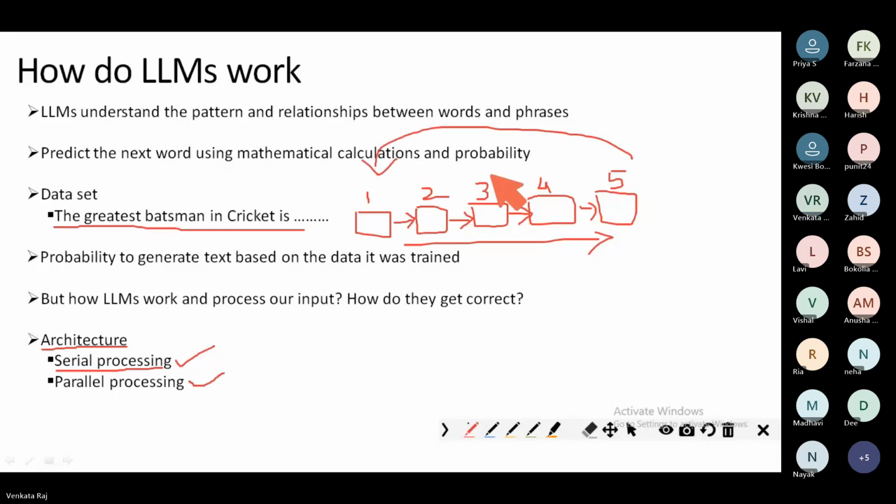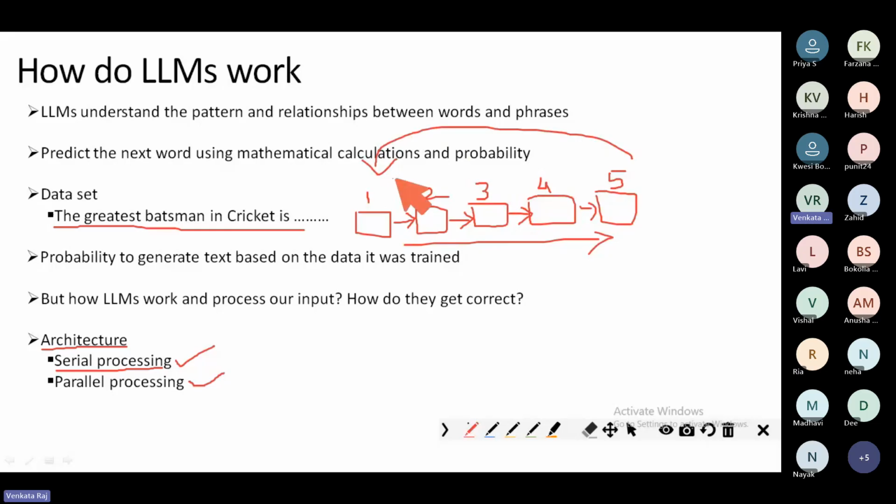Are you getting me? In serial processing, because it was processing the tokens one after another, when it was moving forward, it was very likely that it would forget the reference to the previous tokens.